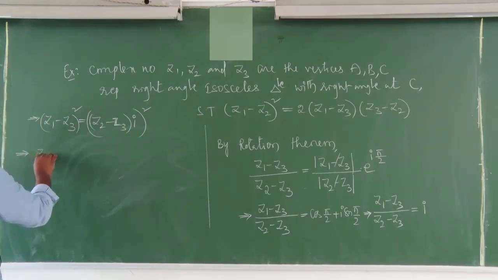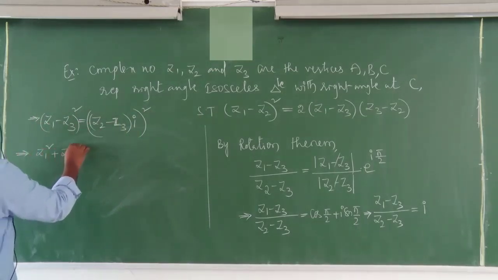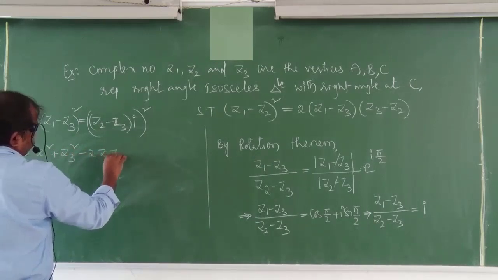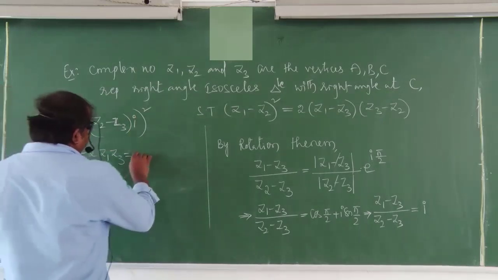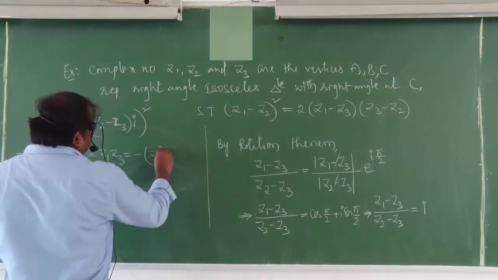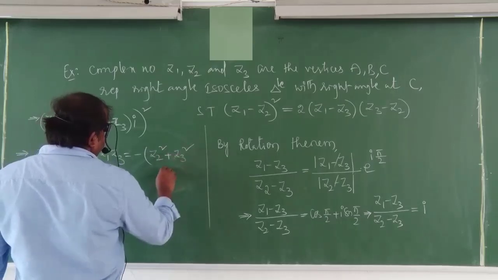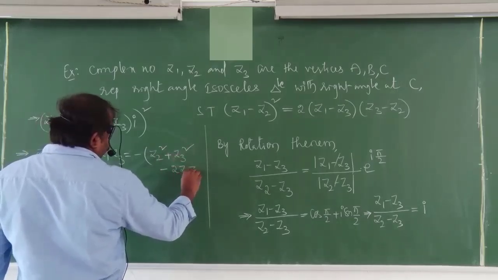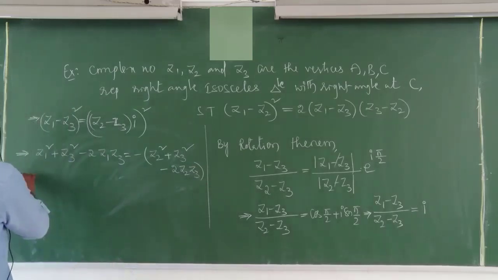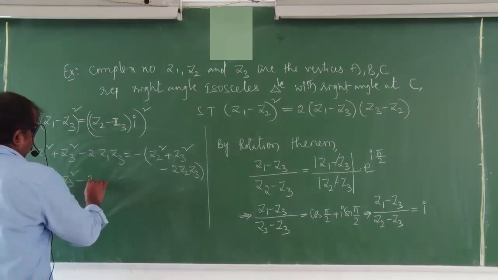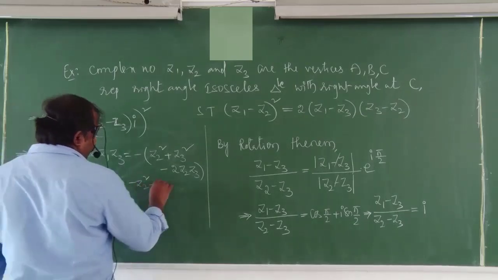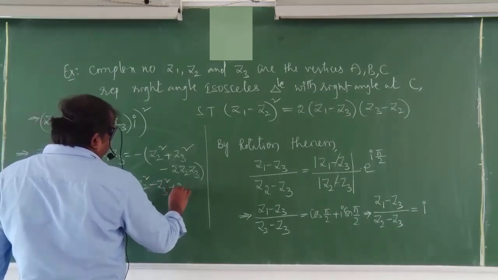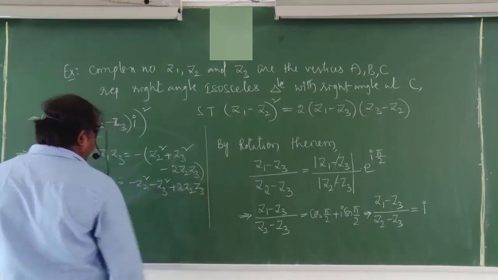Then Z1 square plus Z3 square minus 2 Z1 Z3 equals iota square, which is minus, times Z2 square plus Z3 square minus 2 Z2 Z3. Simplifying, Z1 square plus Z3 square minus 2 Z1 Z3 equals minus Z2 square minus Z3 square plus 2 Z2 Z3.